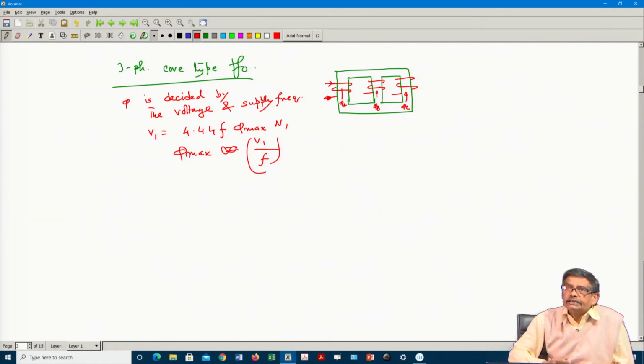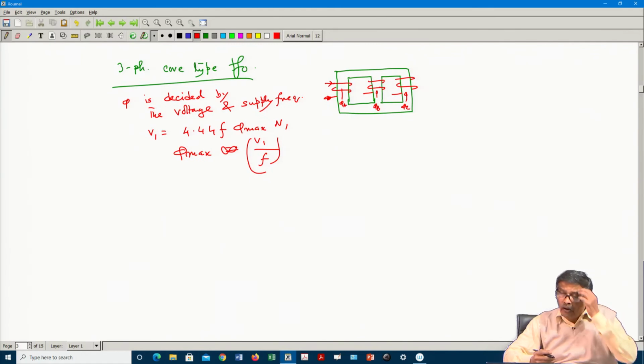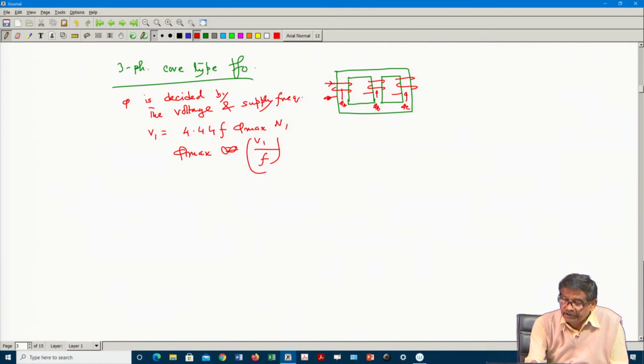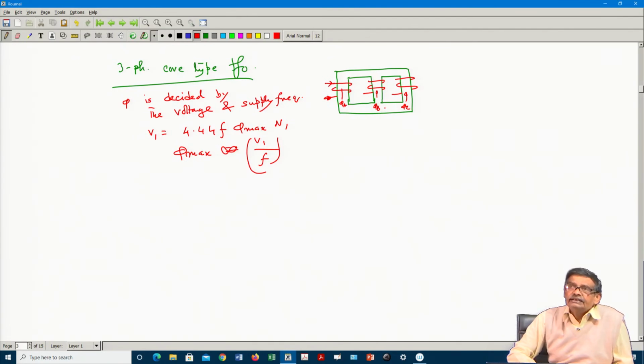Or you can say that this flux will return via these two paths. Similarly, phi B will be divided into 2 and move like this, and phi C will once again do the same. Therefore, consider the reluctance seen by the MMF which is producing phi A.